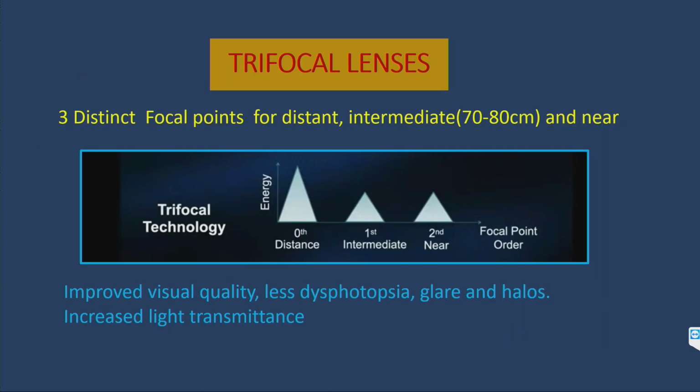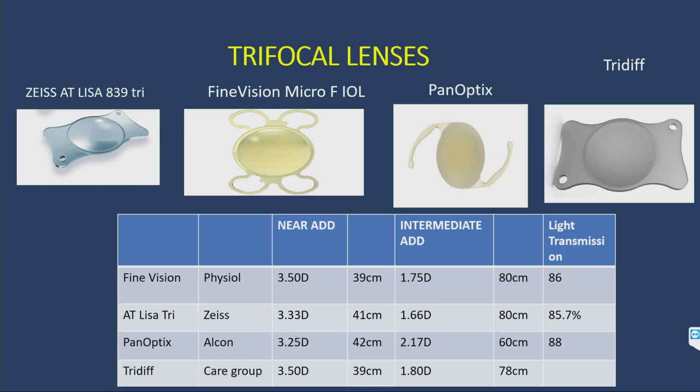Now next in the spectrum is trifocal lenses. They had 3 distinct focal points, one for distance, intermediate, and then for near. And they had improved visual quality because the light transmittance was good, but the photic phenomena were comparatively less with these lenses. Now these are the commonly available trifocal lenses.